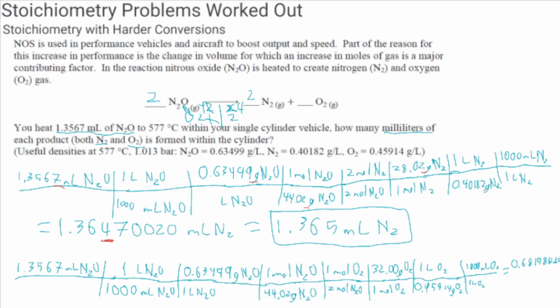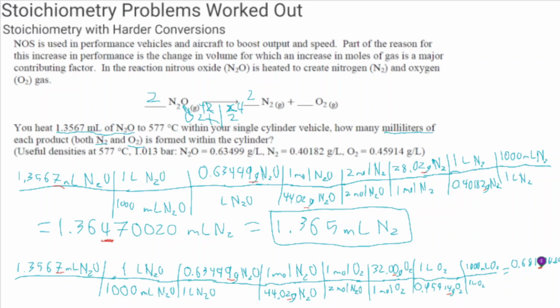And we can go back and look at our significant figures. We have 5 significant figures there, 5 significant figures there, 4 significant figures there, 4 significant figures there, then 5 significant figures there. So we're going to be limited to 4 significant figures again.